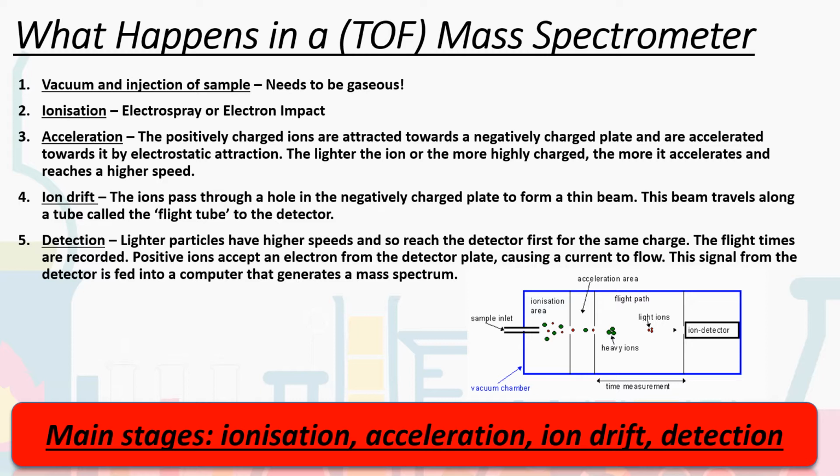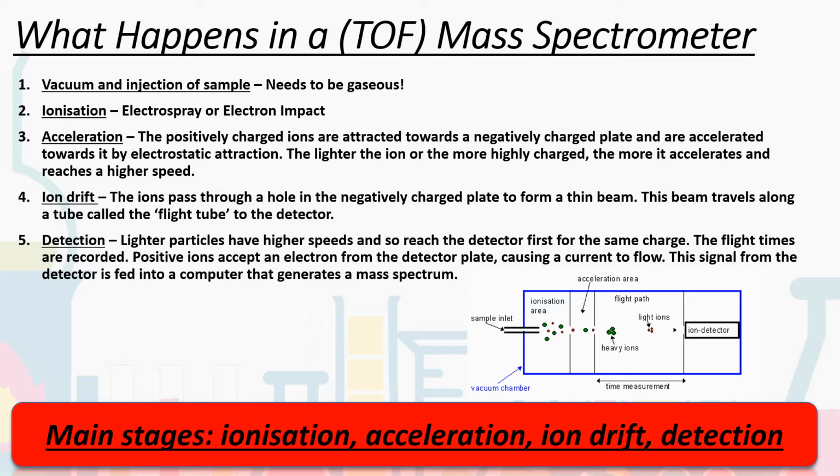Now, there's another type of spectrometer that you may come across where actually there is a curve in the spectrometer. And so this is where the ion drift step is slightly different. Again, all the steps before it will be the same, and the ions do pass through a hole in the negatively charged plate to form the thin beam.